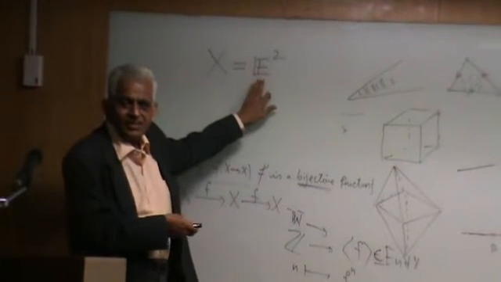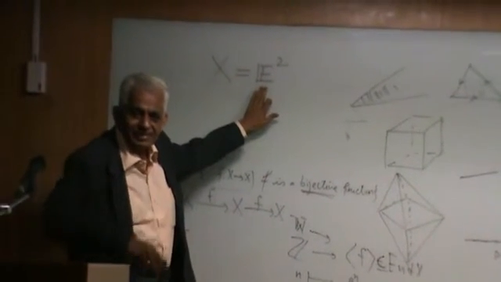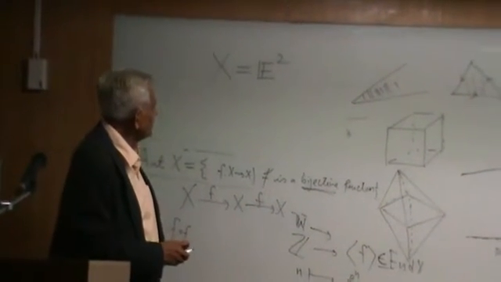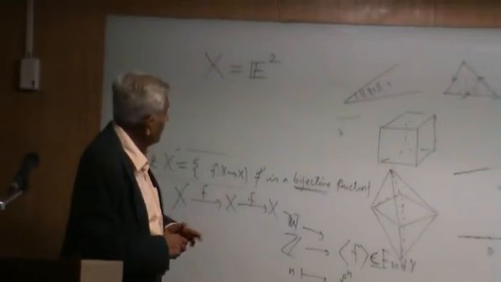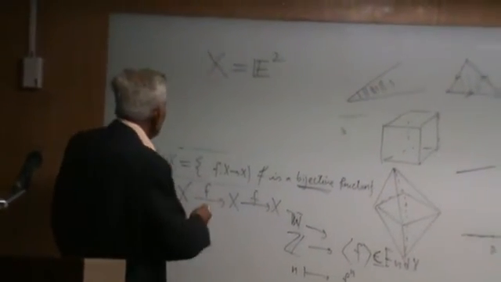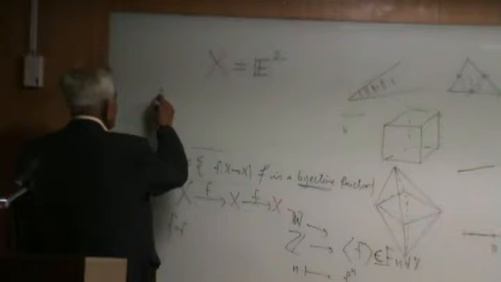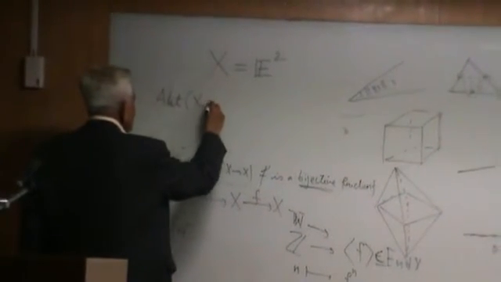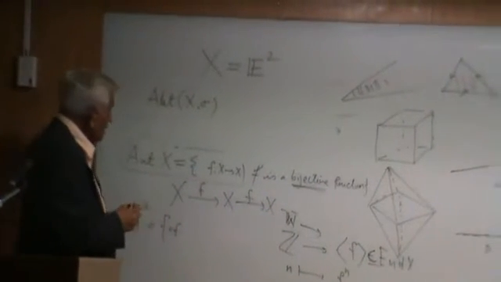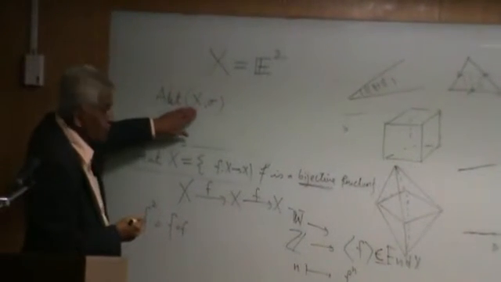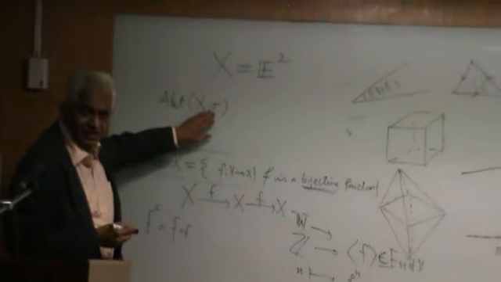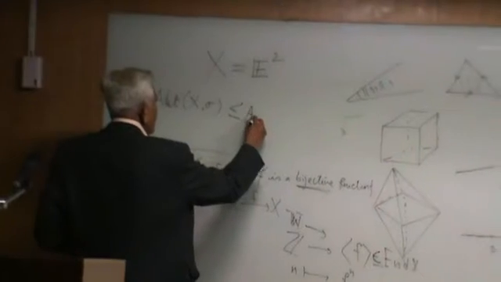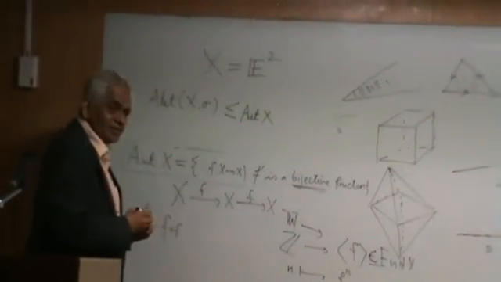With the distance around, we get a metric structure. So take the metric structure, for instance. If X is any set with any structure, then we can consider the set of those functions which preserve the structure. So that is some subgroup of Aut X.